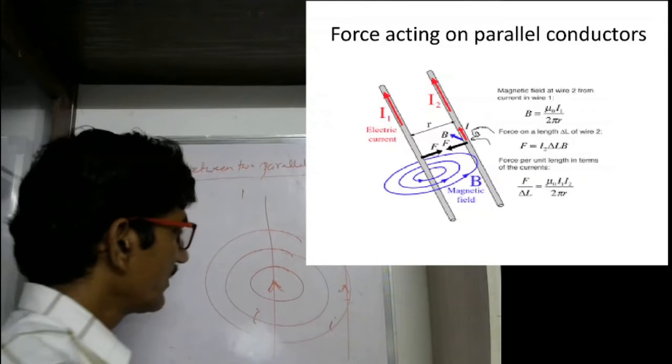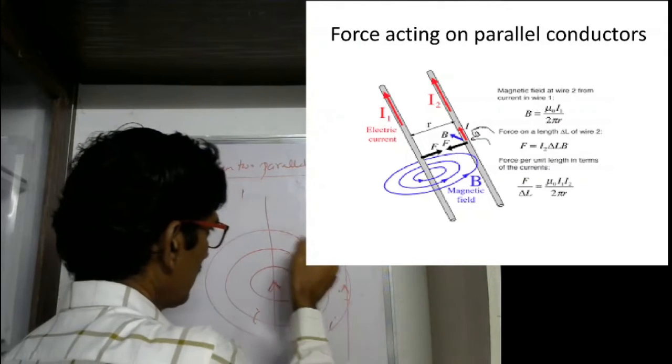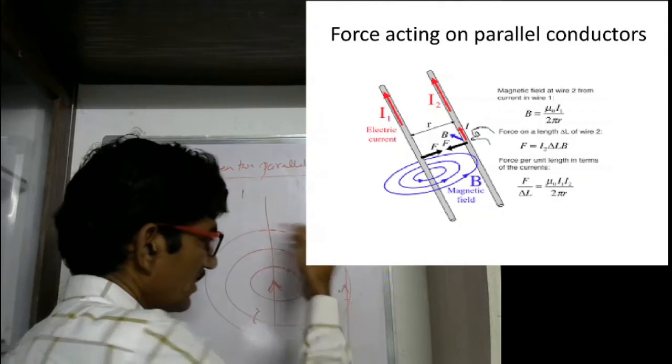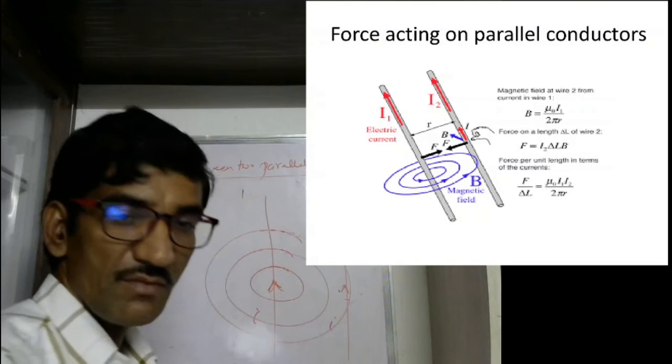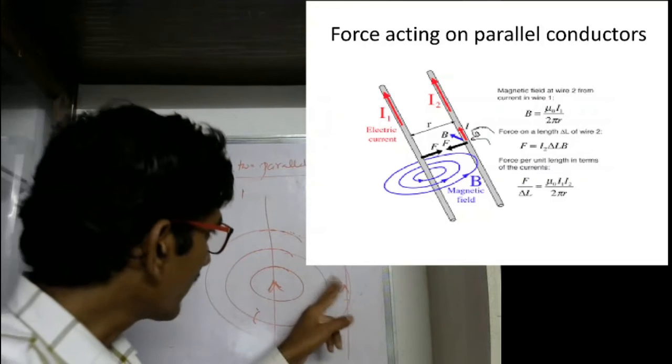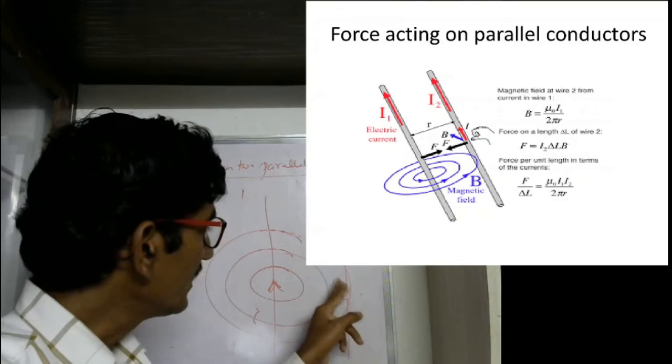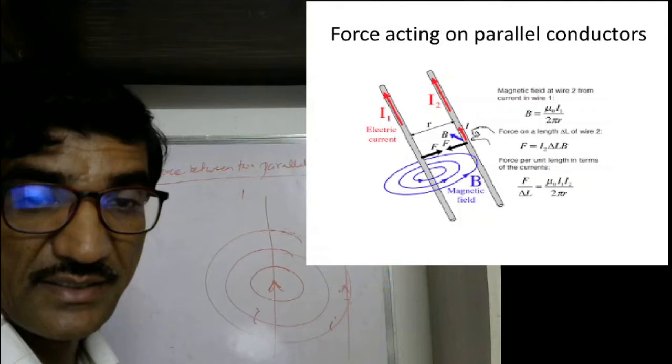If you select this line as a closed curve, by using Ampere's law you can find the magnetic field at conductor 2 due to conductor 1.